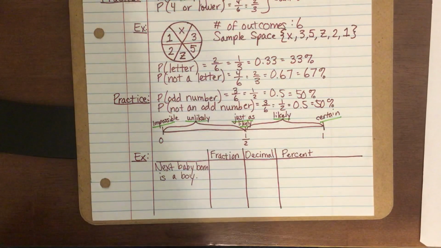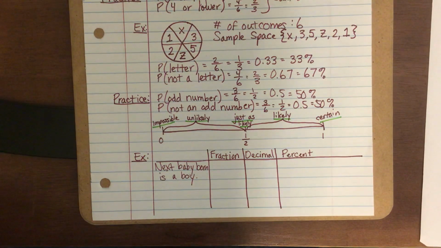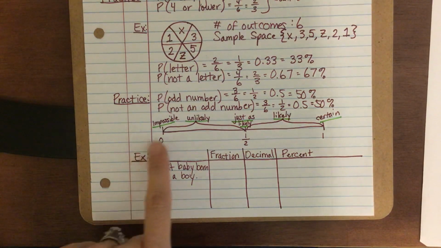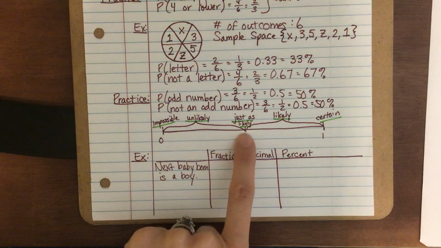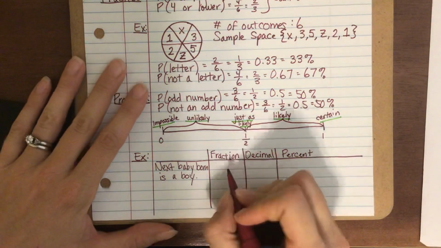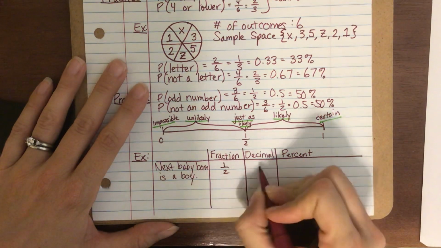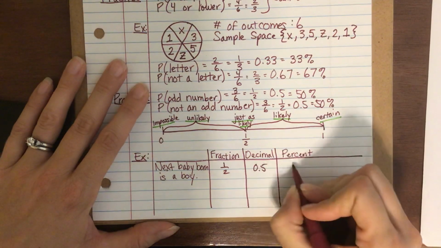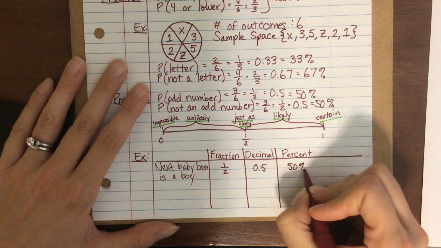Well, I know that this is not a perfect system, and it does show that there is a slight discrepancy between boys and girls, but for the sake of this argument, we're going to assume that it is an even 50-50. That on the scale, it's just as likely that it's a boy as it is likely that it's a girl. So for our fraction here, we're going to do 1/2. Our decimal is going to be 0.5, and our percent will be 50%.